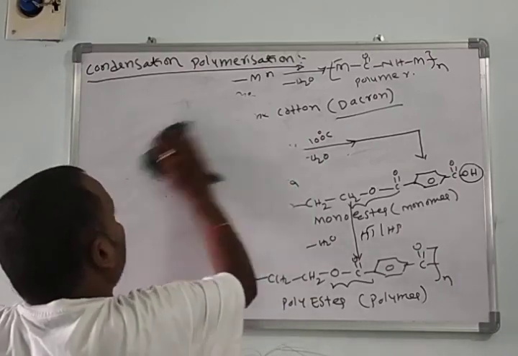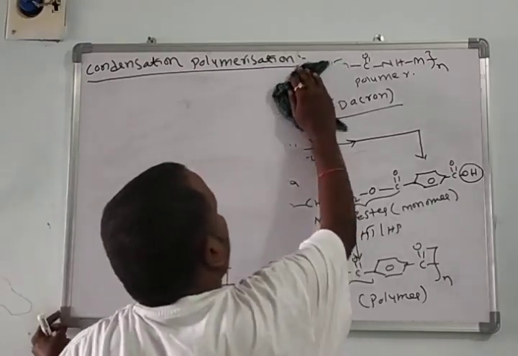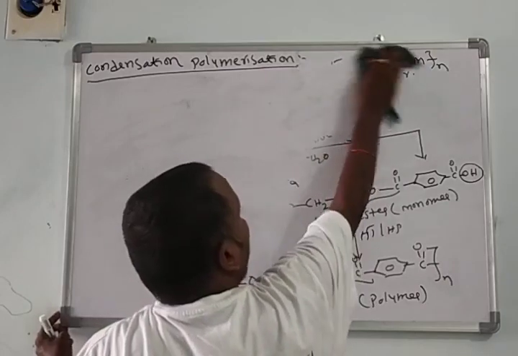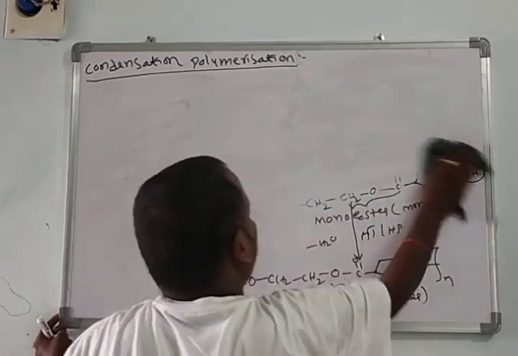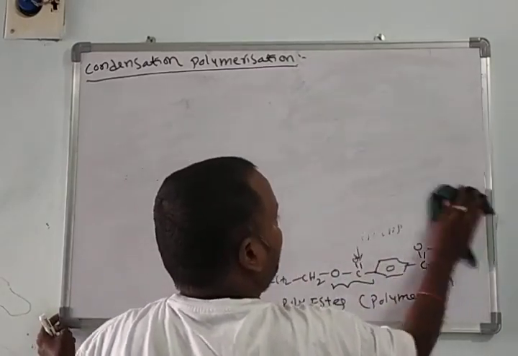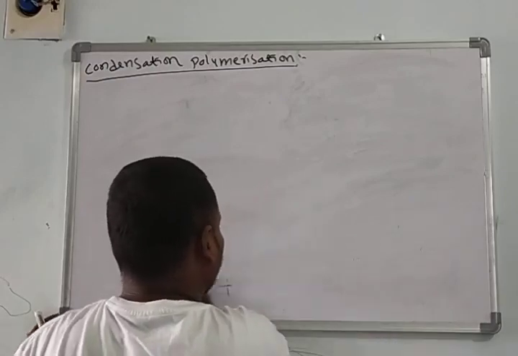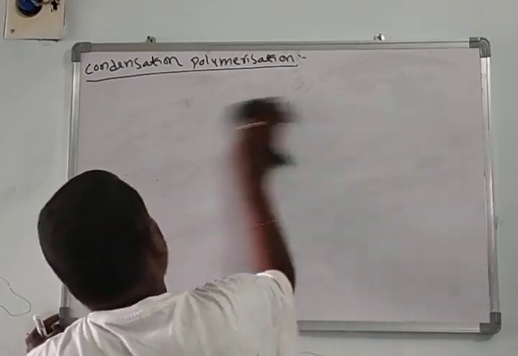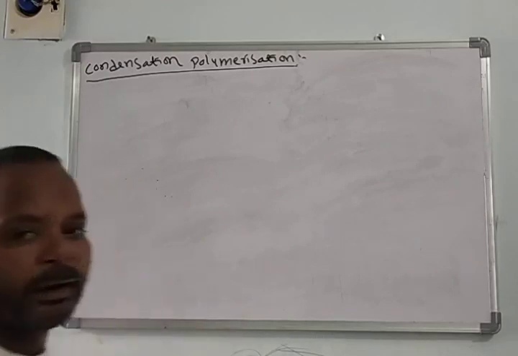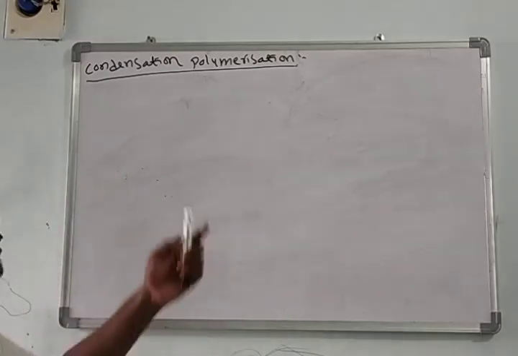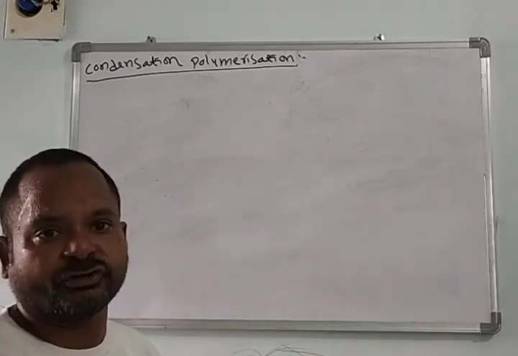Polyamides. The polymer which contains amide functional group. Amide means C double bond O NH. What is the amide functional group? C double bond O NH2 functional group we call the amide functional group.